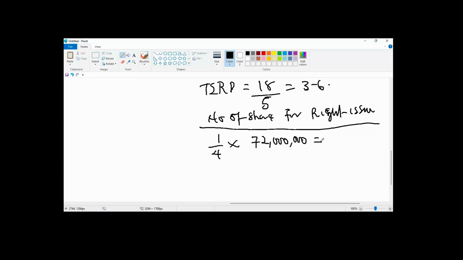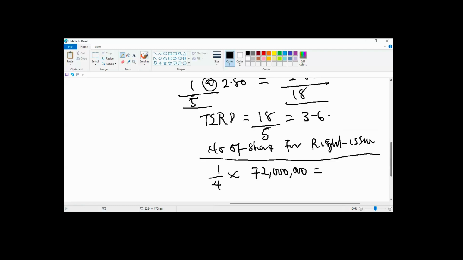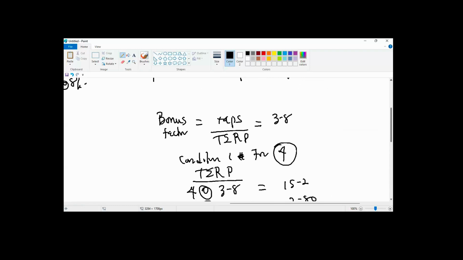Then my bonus factor. So I will divide by 3.6. Don't forget, it must be given to who?